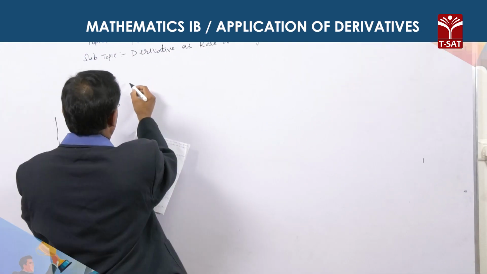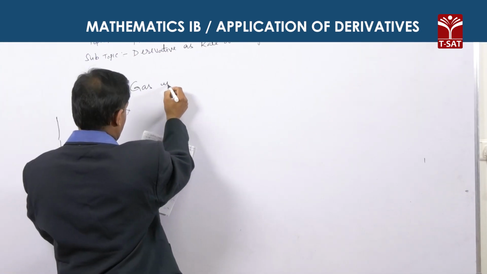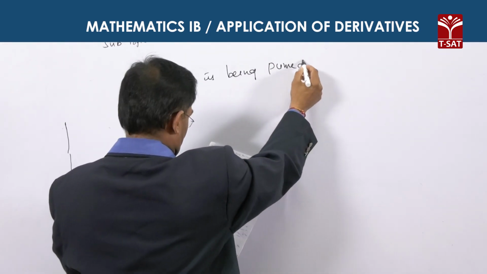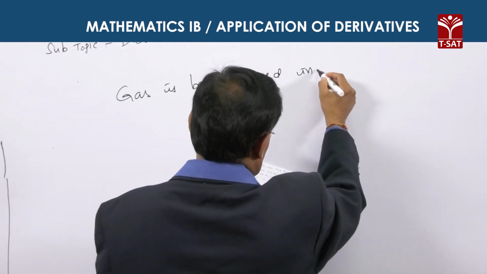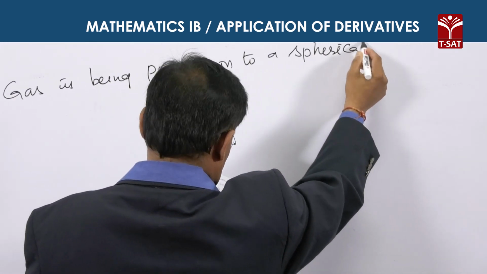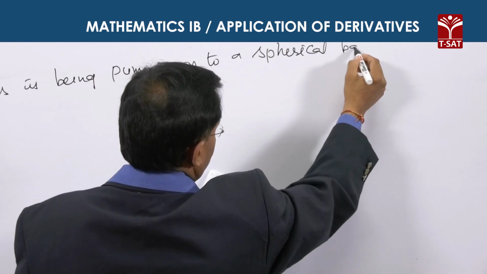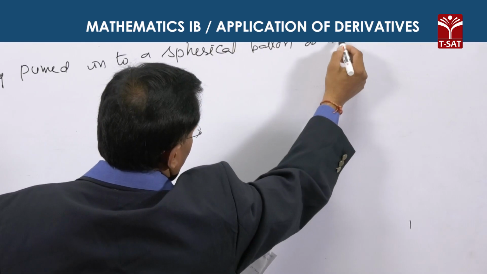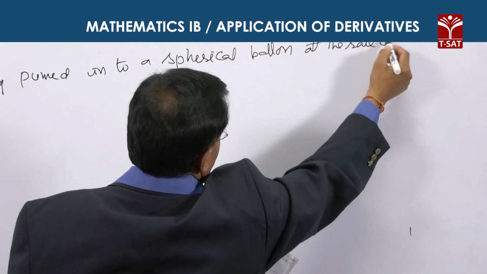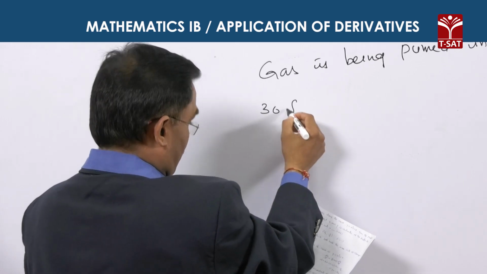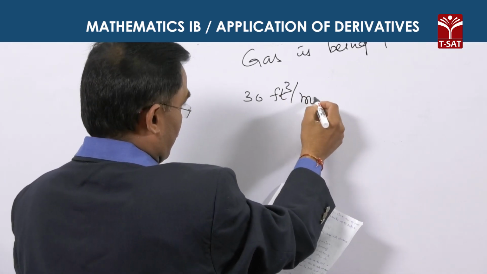Next question. Gas is being pumped into a spherical balloon at the rate of 30 feet cube per minute.